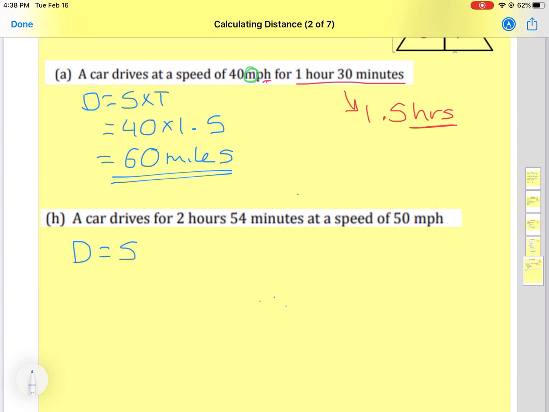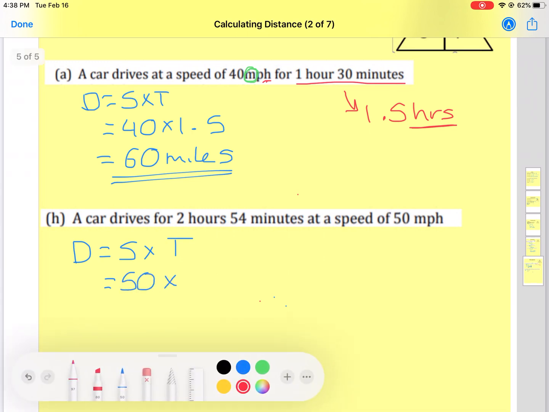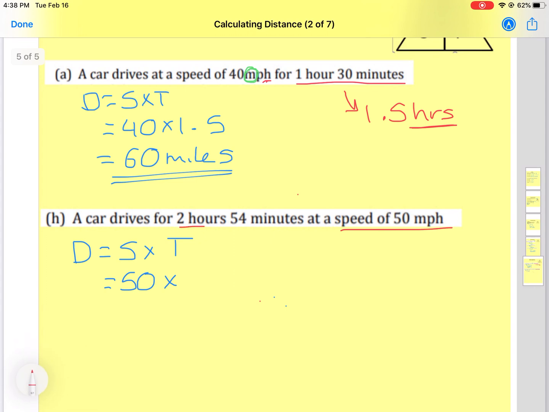Lastly, we've got distance equals speed times time. Speed is the second part of the question here. It is 50. And we've got a time of 2 hours and 54 minutes. So again, change that to your decimal. It's going to be 2 point and then your 54 divided by 60.